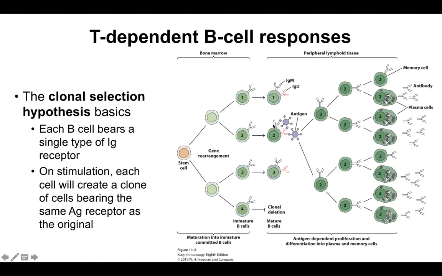If they don't mature in the spleen, they'll be deleted. And if they do mature, so they have IgM and IgD on their surface, and they respond to antigen, only that clone will multiply so that you can have a proper response to the actual antigen that you are being presented with.